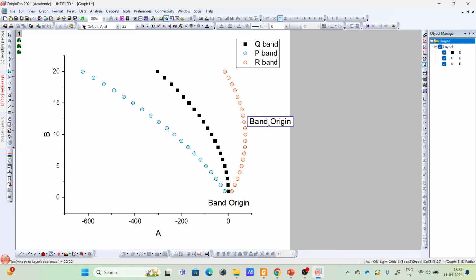And this part is known as the band head, where this line is touching.